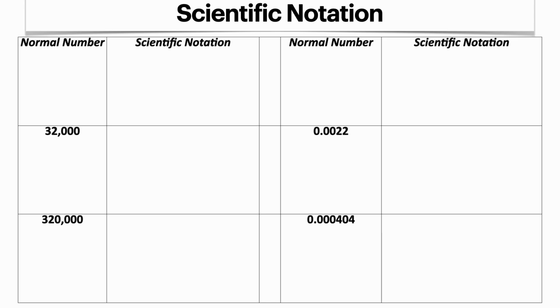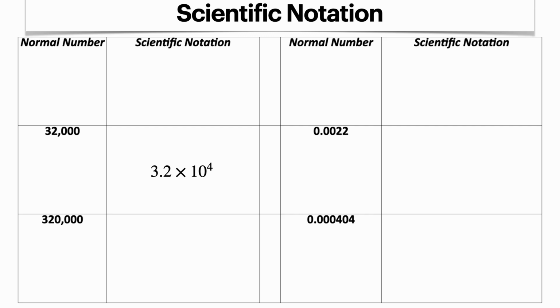Let's look at normal numbers, sometimes referred to as standard numbers, and try to convert them to scientific notation. 32,000 would be written as 3.2 times 10 to the 4th. We always put one non-zero number to the left of the decimal place, so in this case it has to be a 3.